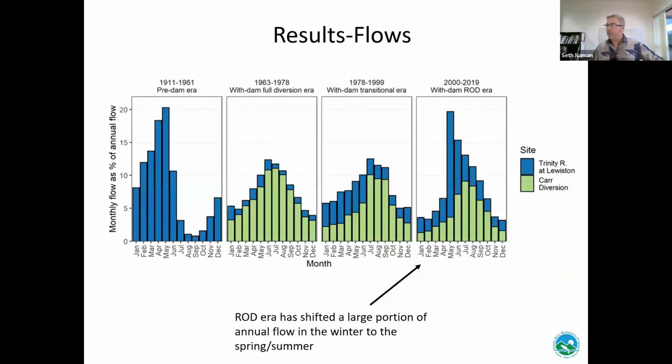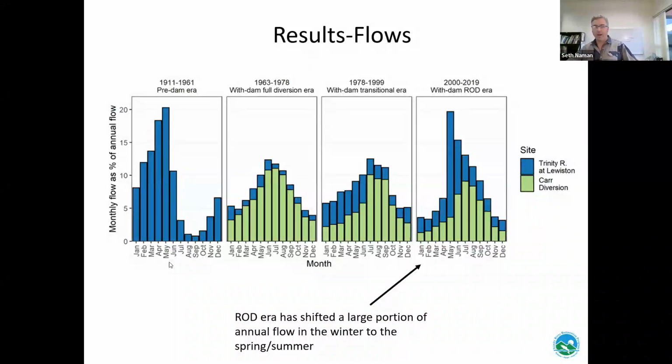Getting into some of the results, on the far left, the pre-dam era, you can see it's a typical Mediterranean climate: high flows in the winter and spring months, low flows in the summer.